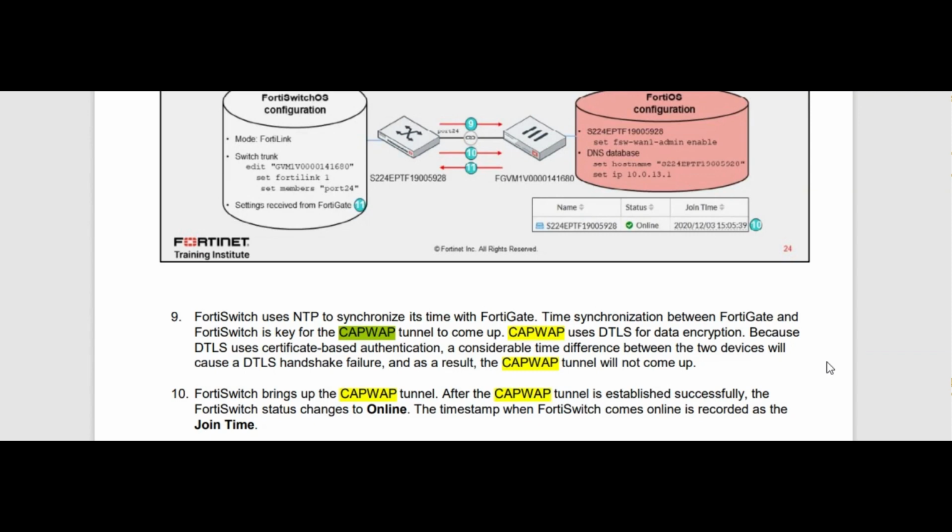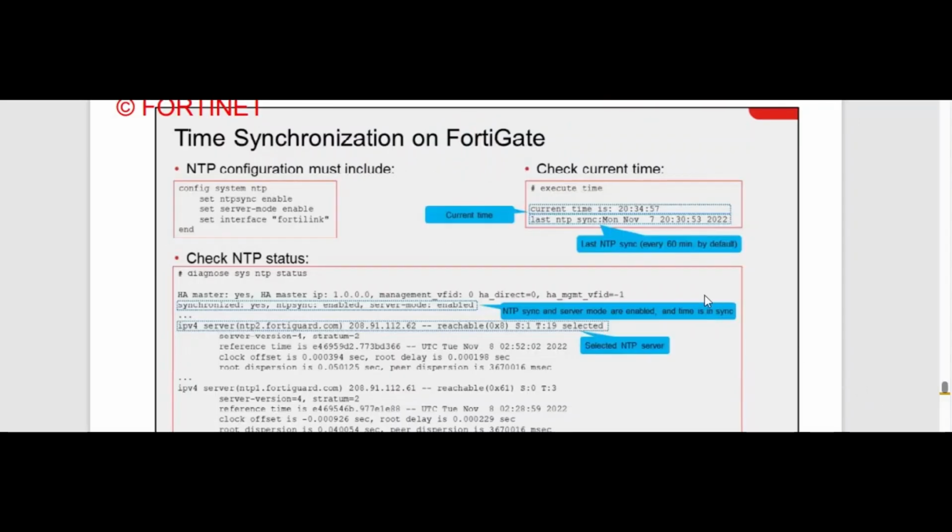If you are connecting FortiSwitch to FortiGate, the first step to check time synchronization is by checking the NTP system configuration on FortiGate. You can check the NTP status on FortiGate by running the command diagnose sys ntp status. The output should indicate that the time is synchronized, that NTP synchronization is enabled, and that server mode is enabled.